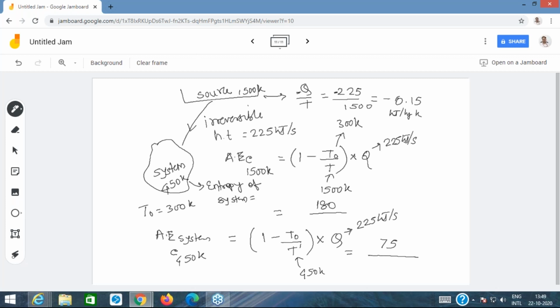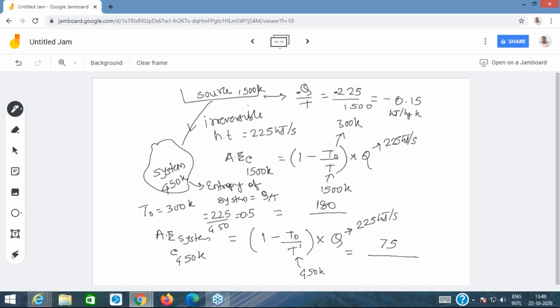And that would again be Q by T, because we are assuming an isothermal heat transfer. It is 225 by 450, right? The approximate is correct. So it is 0.5, right?